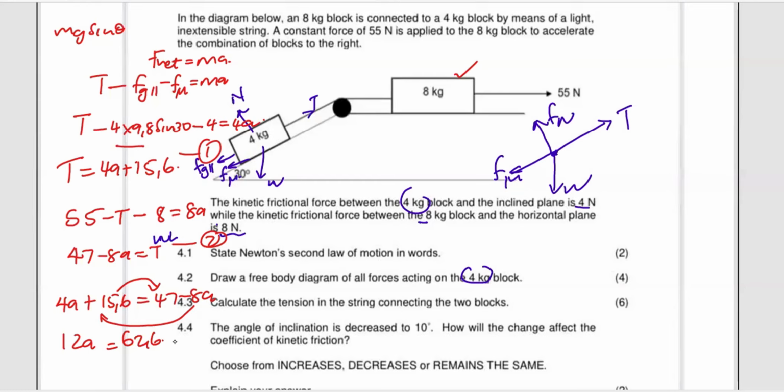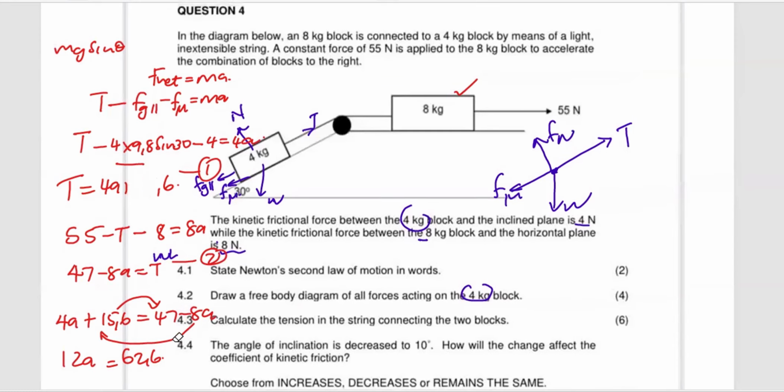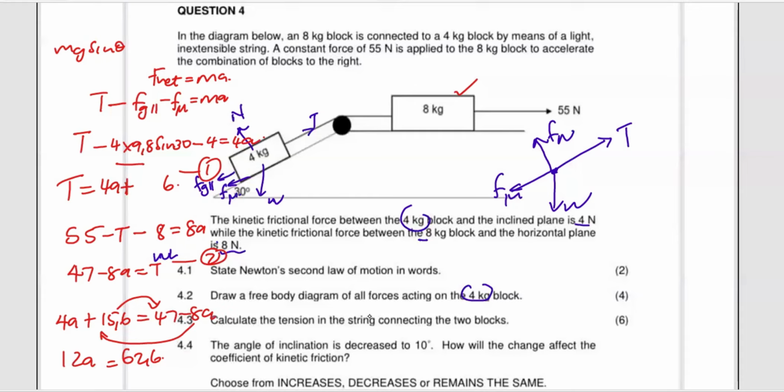We're getting 23.6, not 15.6, otherwise the acceleration is going to be too big. So we're saying it's 4a plus 23.6. This is 23.6, so let's subtract that.